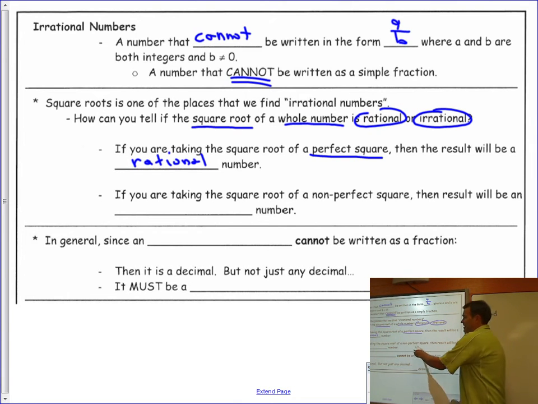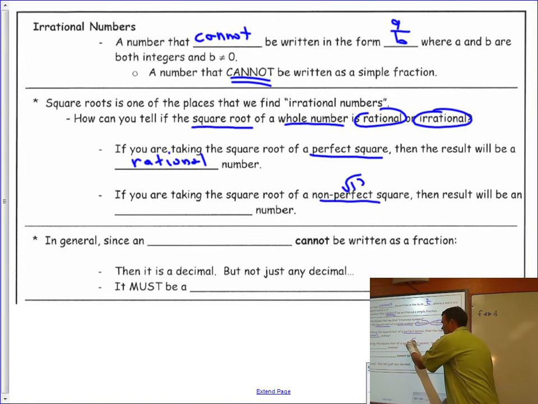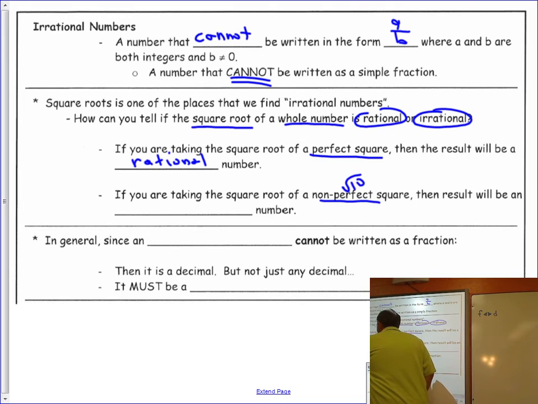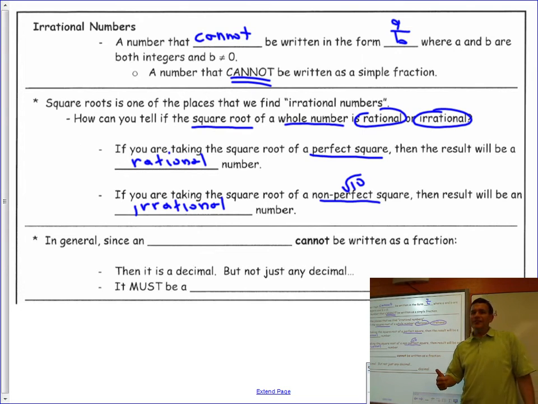If you are trying to take the square root of a non-perfect square, like the square root of 10, then the result will be irrational. Right? Perfect squares have square roots that are rational. Non-perfect squares have square roots that are irrational.